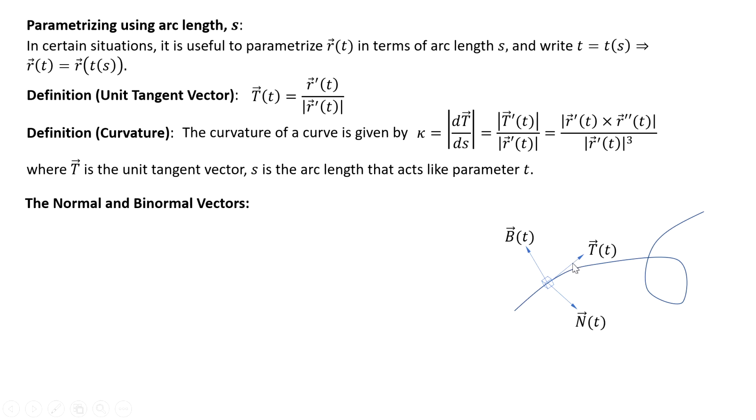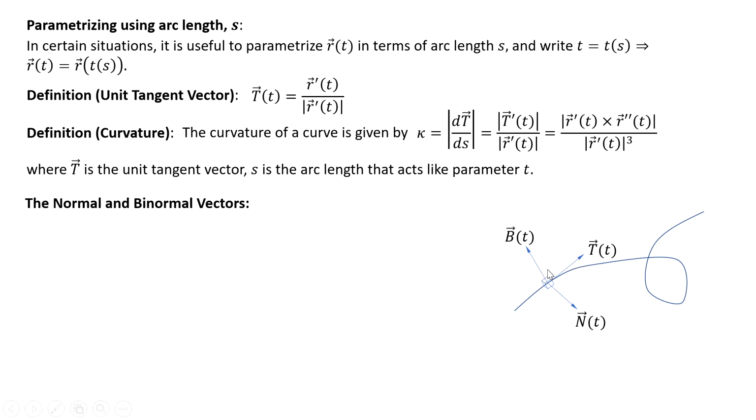Strictly speaking, think of a particle traveling along the curve, moving from the bottom corner here in that direction. Its velocity at that particular point would be pointing that way and tangential to the curve itself at that point. And the unit tangent vector would be pointing that way.